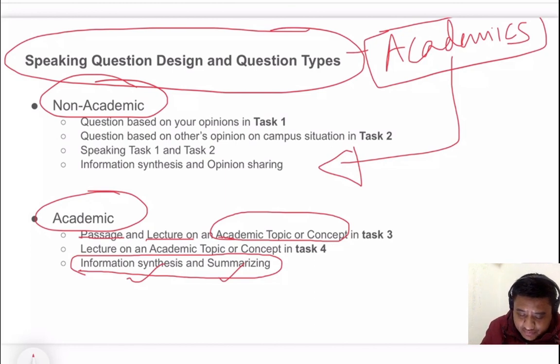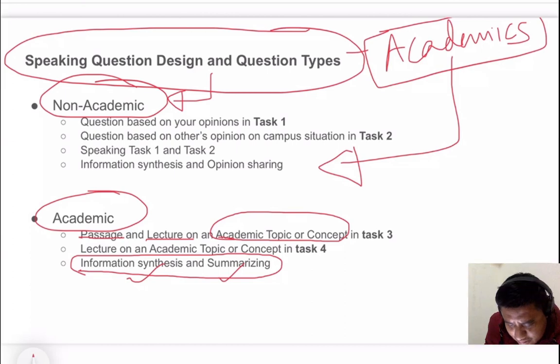Now, when we are at a university studying a subject, we don't just get into academics alone, right? We also have to talk with other people from different cultures and backgrounds. So in the TOEFL iBT speaking, they also have a component where they ask you to speak on non-academic scenarios, right?